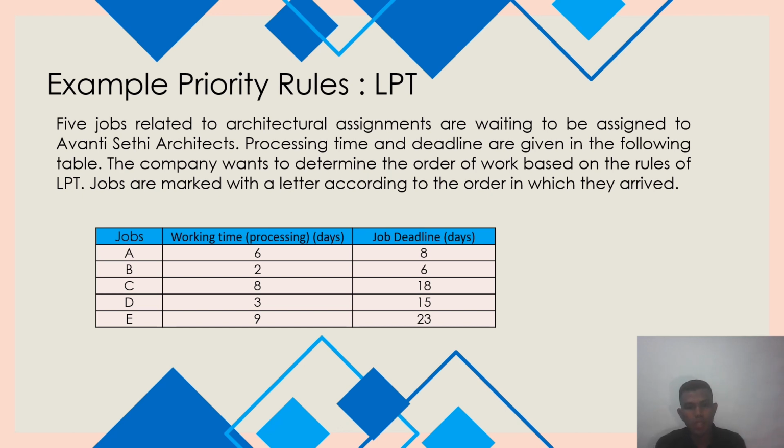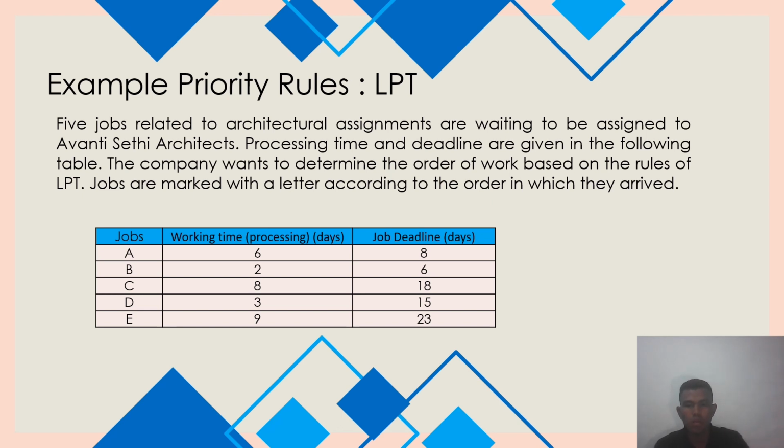Job A requires 6 days of work with an 8-day deadline. Job B requires 2 days of work with a 6-day deadline. Job C takes 8 days with a deadline of 18 days.